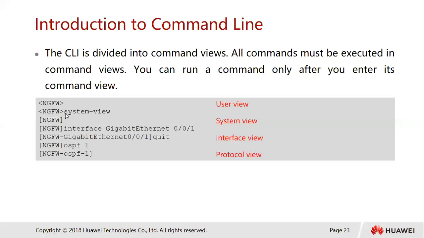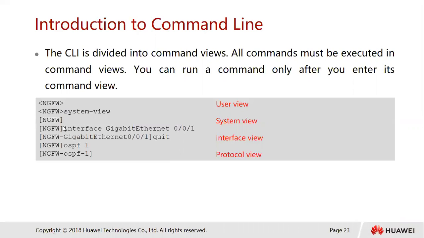You just have to type SY, and then you press the tab key on your keyboard, and the tab key will complete the command. So you move on to the other view. This view here is what we call the system view. Now, how do you know that you're in the system view? Because of the shape of these brackets. As you can see, they have changed.